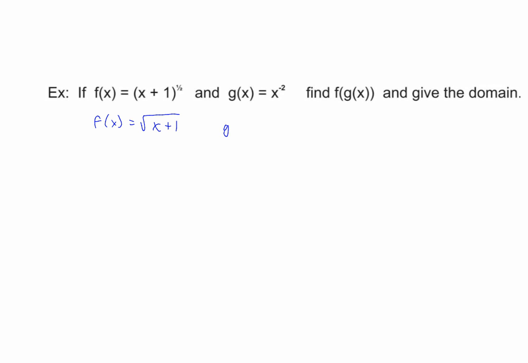All right, g of x, negative exponent. Look, we've been doing this rule since pre-algebra. X to the negative 2 equals 1 over x squared, right? Now we got a composition.